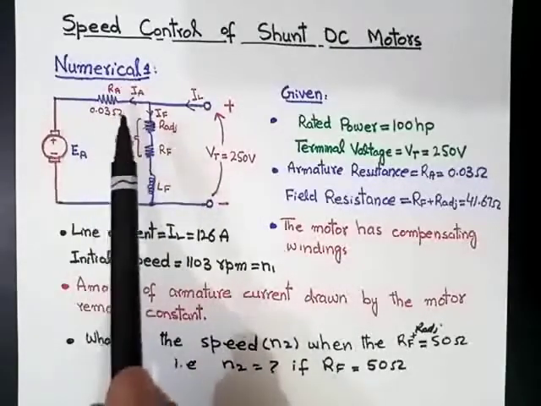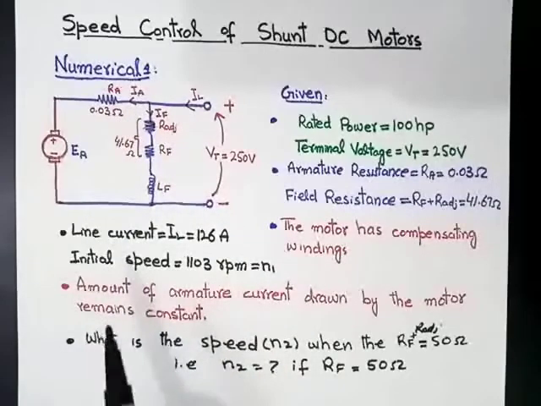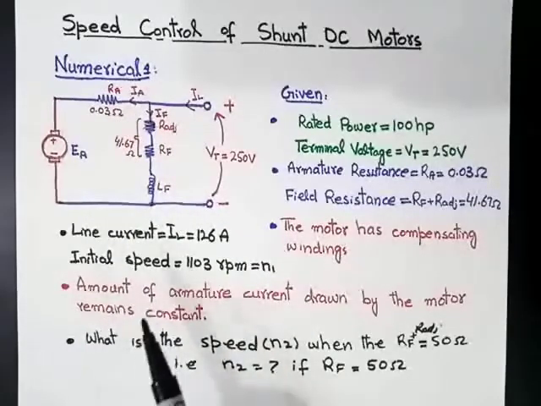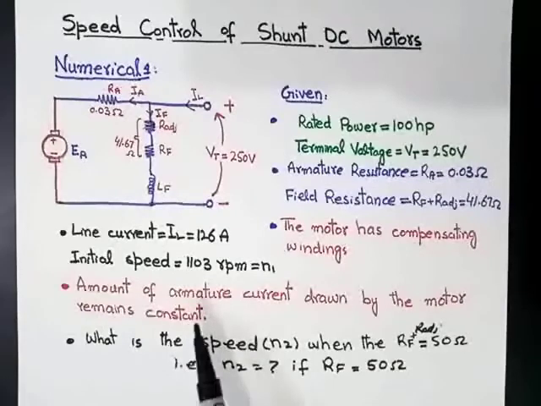By using this point, we will calculate the other parameters. It means the armature current throughout this problem will be constant.